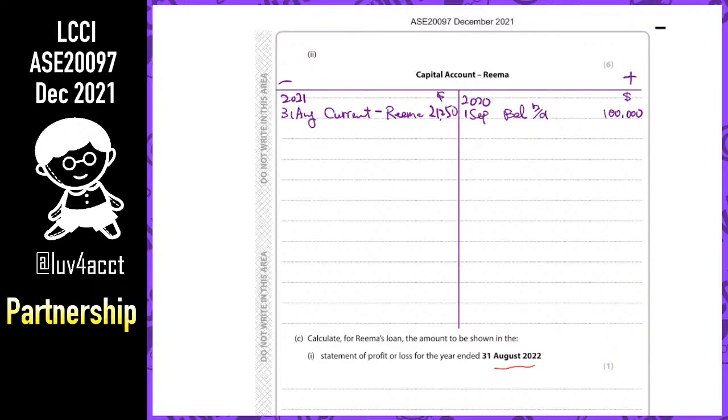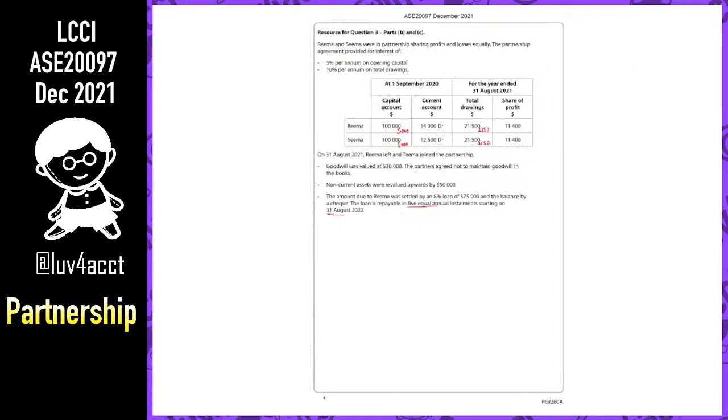Next you have the revaluation, and then you have the goodwill, and then you have to settle the balance of capital with RIMA. When we have a revaluation, it is a revaluation upward. Let us go back and see, make sure.